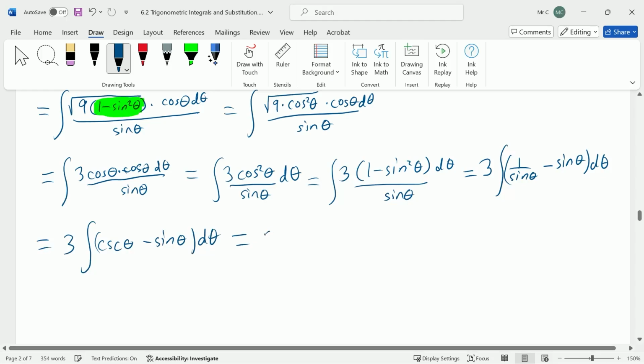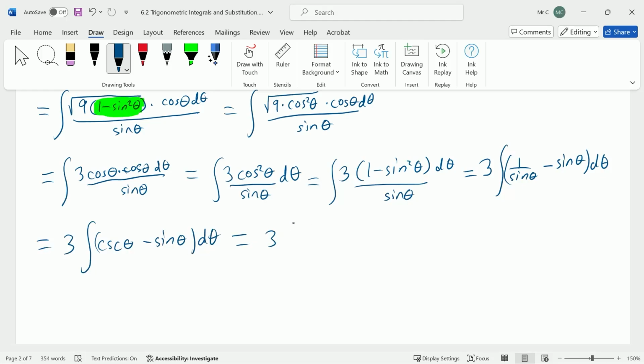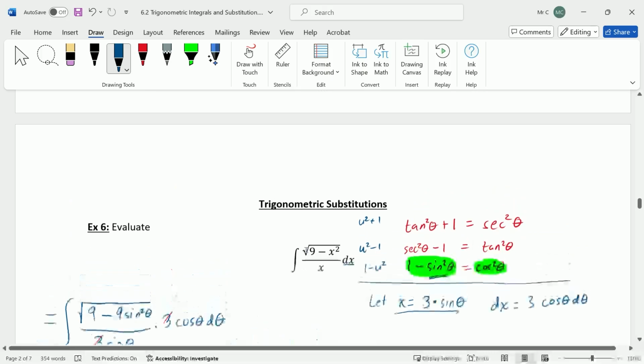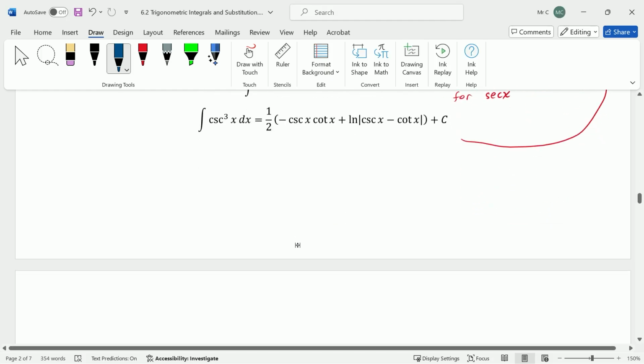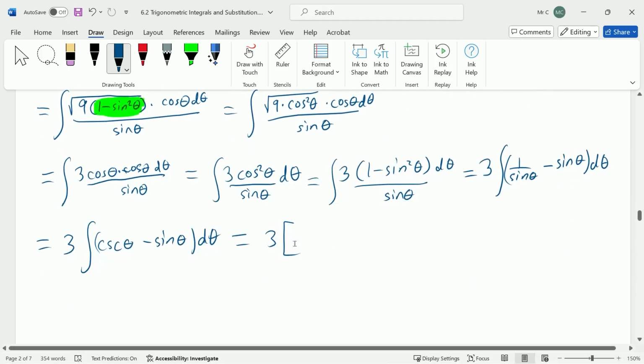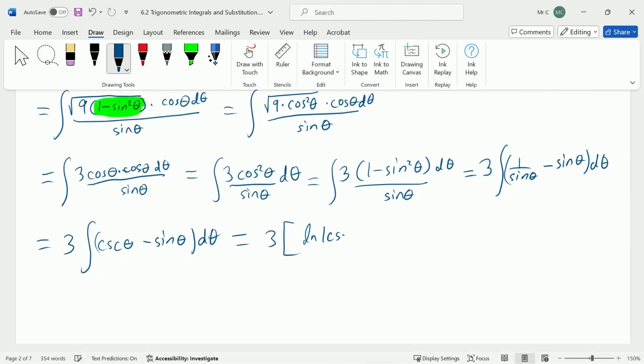And well, look at that. The integral of cosecant of theta, it's a good thing we talked about that just earlier, is ln of the absolute value of cosecant of theta minus cotangent of theta. Minus the antiderivative for sine, which is negative cosine. And don't forget your plus c.